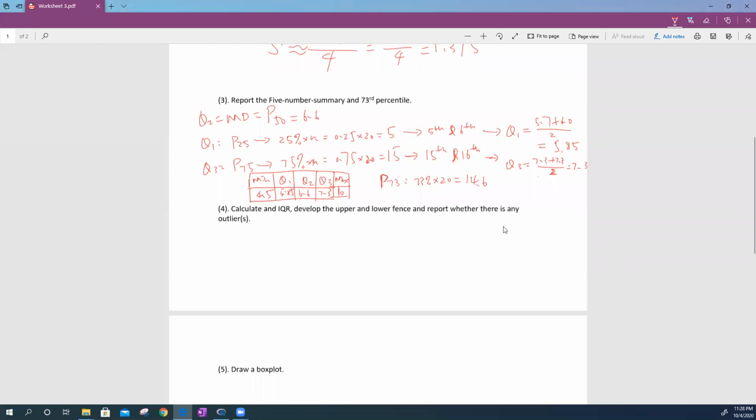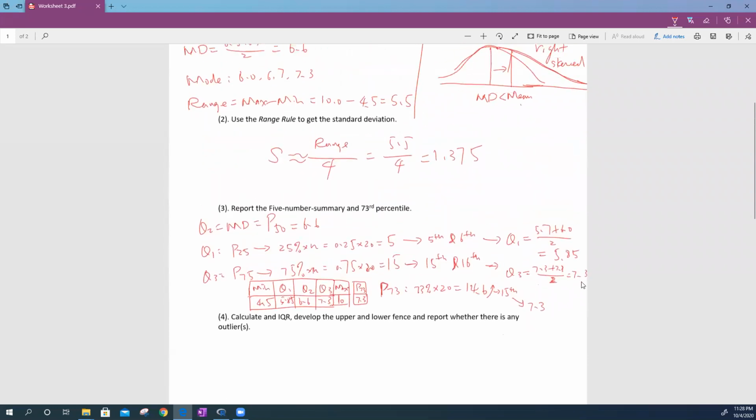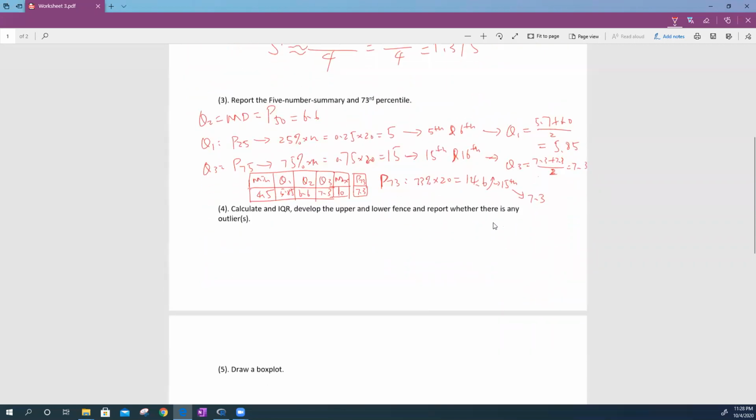So then we want to round up to look at the 15th ordered value, which is 7.3. So that tells us the P73 is also 7.3. So that's this question.